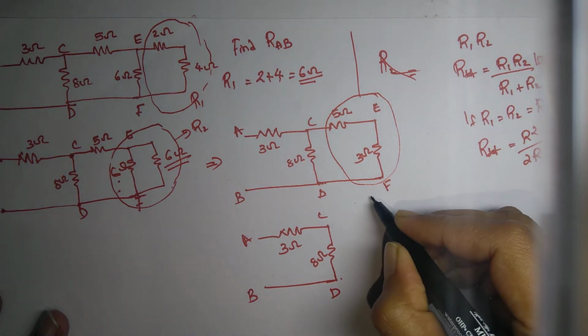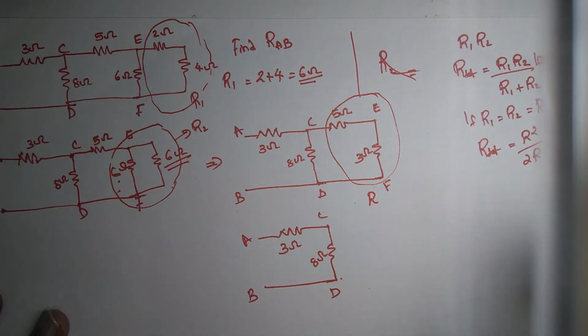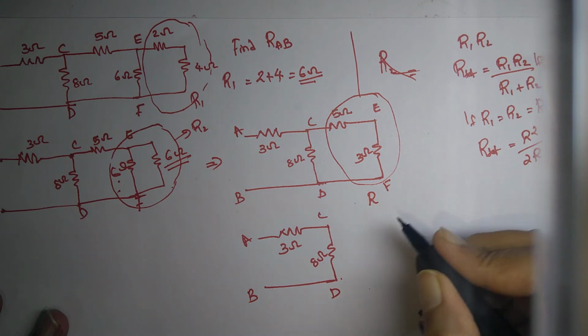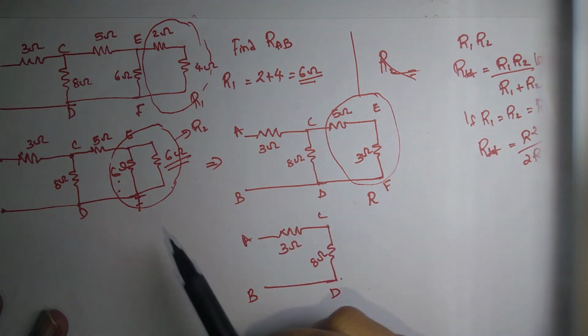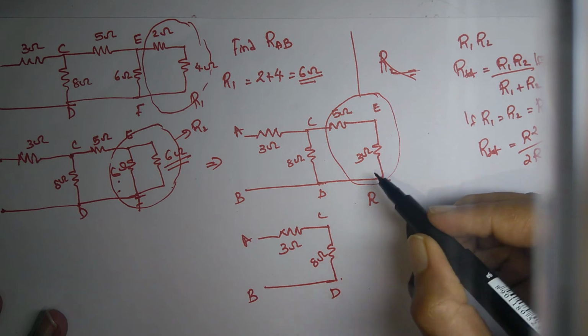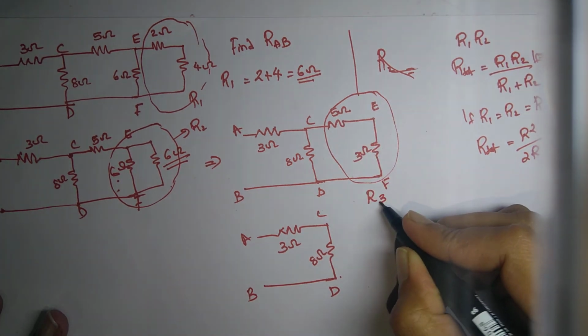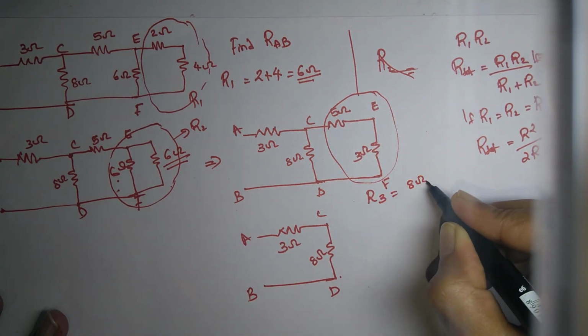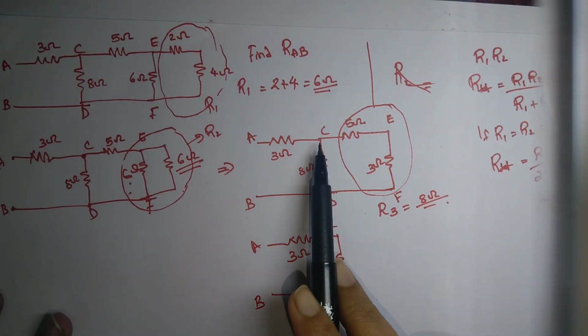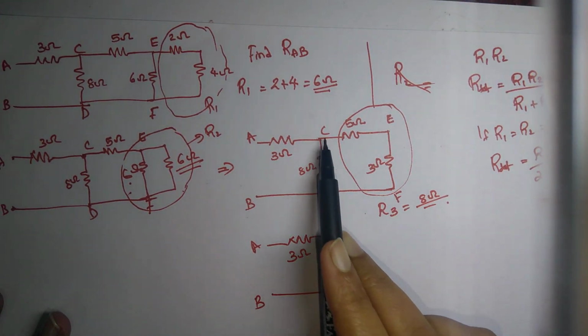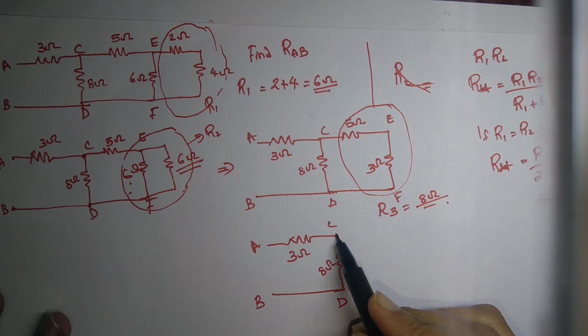So in order to get the correct answer and to score marks for each step, you have to draw each step. So I have found R1, R2. Now I am taking this 5 and 3 as R3. This R3 will be 5 plus 3, that is 8 ohm. So I have to replace C and D with the resistance of 8 ohm in parallel.